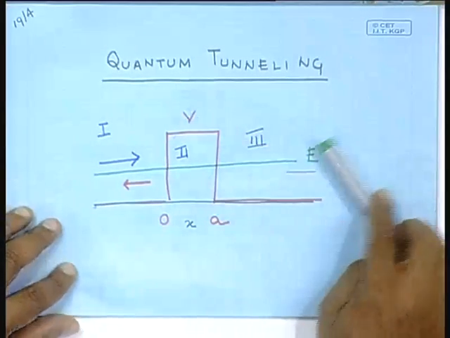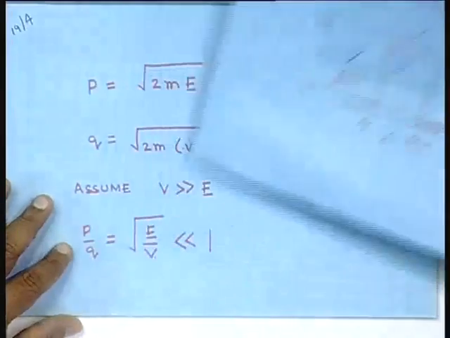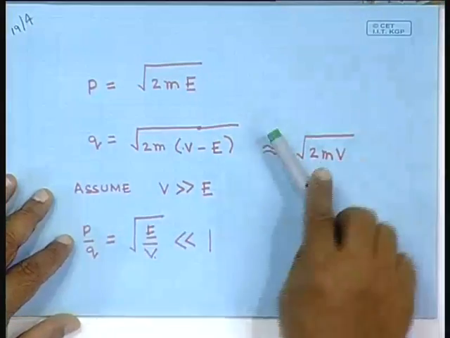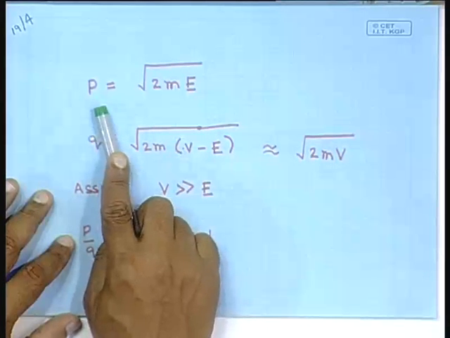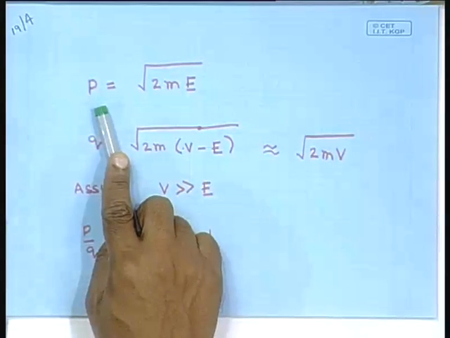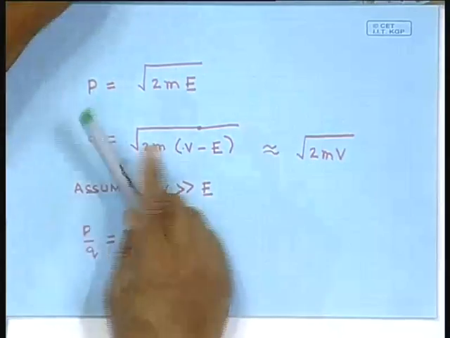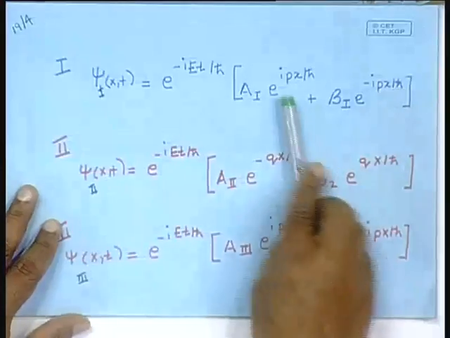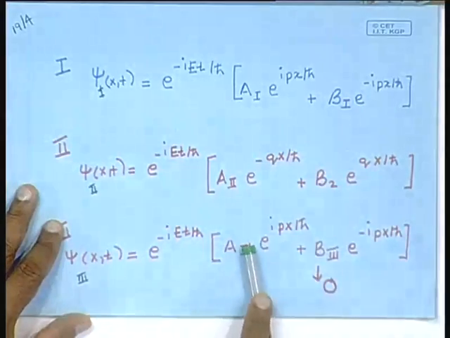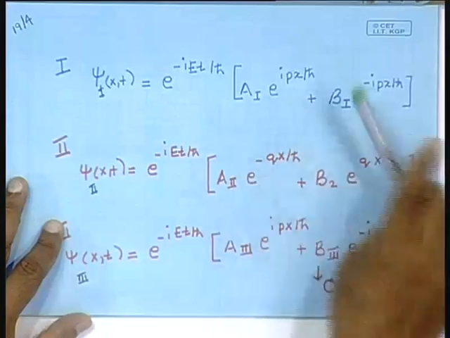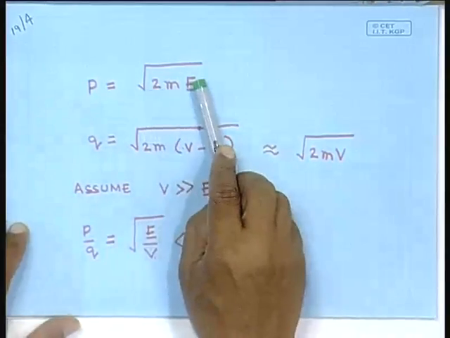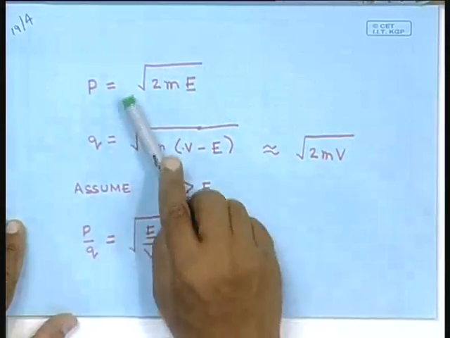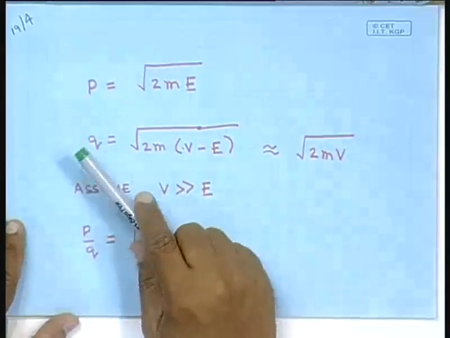V is much greater than E. So, under this assumption, the momentum of the particle P, which appears in the wave function in the region where the particle is free, appears here and here, here and here. P is the square root of 2mE, the energy of the particle. It has nothing to do with the potential.